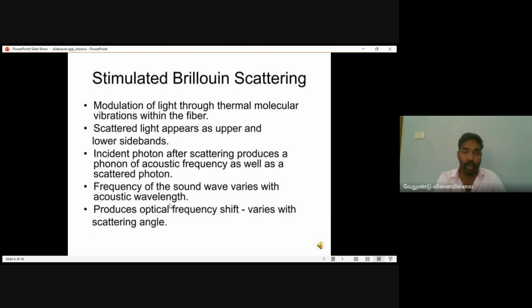The frequency of the sound wave varies with the acoustic wavelength, because my photon gets divided into two types: one is frequency of sound, another one is frequency of light. These two scatterings are known as stimulated Brillouin scattering. This comes under the nonlinear effects of optical fiber. It produces optical frequency with various scattering angles.